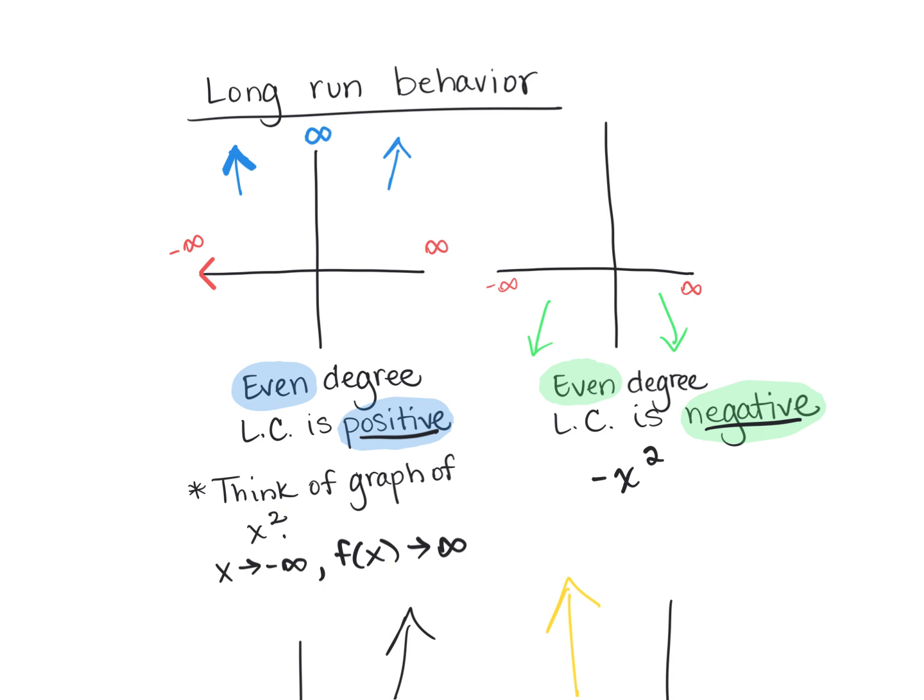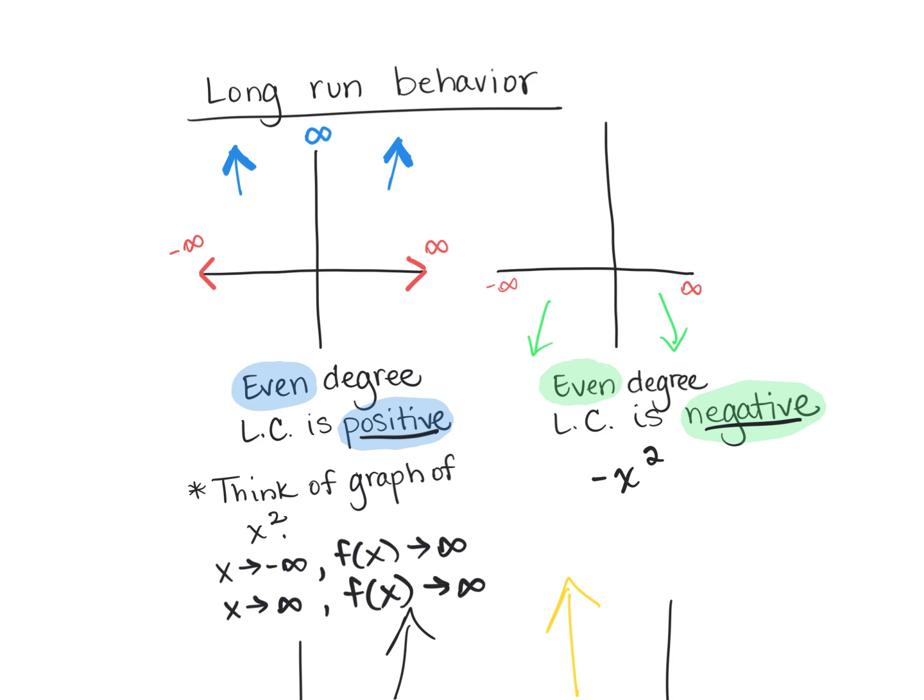Now again, if we talk about x going toward positive infinity, that means as my x's are going off in this direction, the function itself is going up. So we write this as f of x goes to positive infinity.